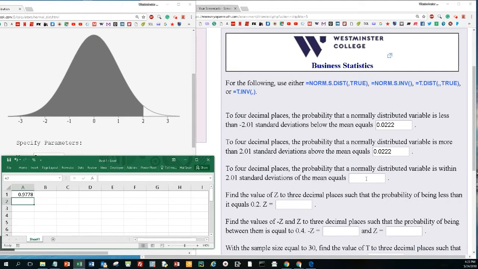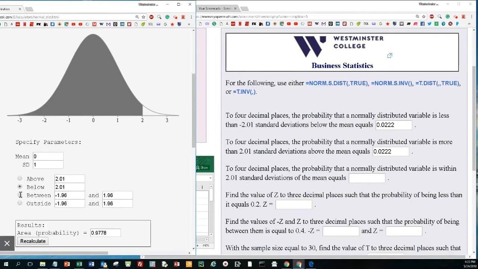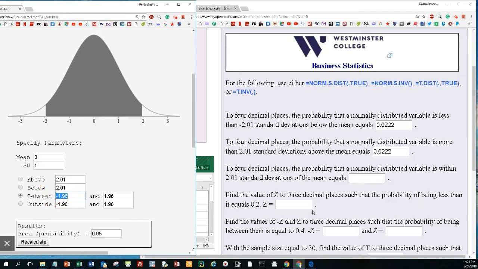Now I want to calculate the probability of being within 2.01 standard deviations of the mean. So now we're going down here to between. I'm going to change this to negative 2.01. I'm going to change this to 2.01. And we get 0.9556.